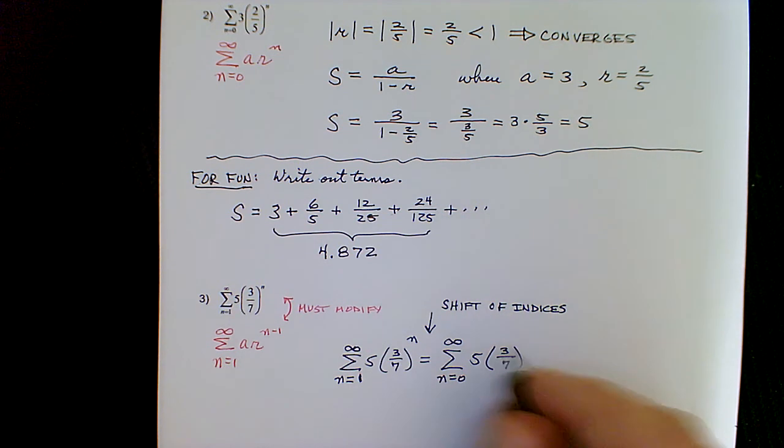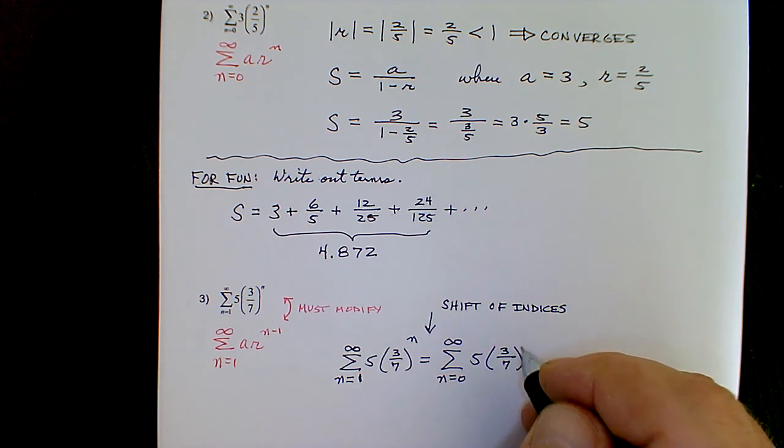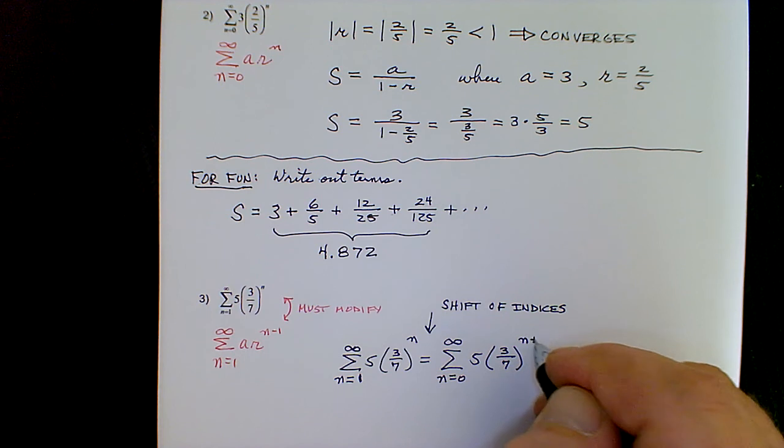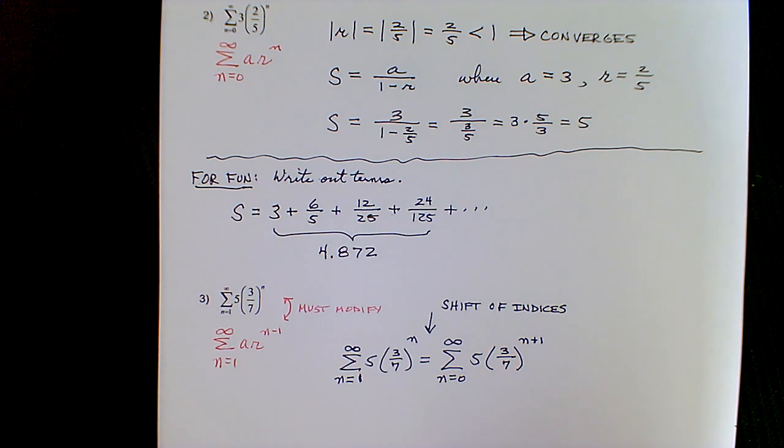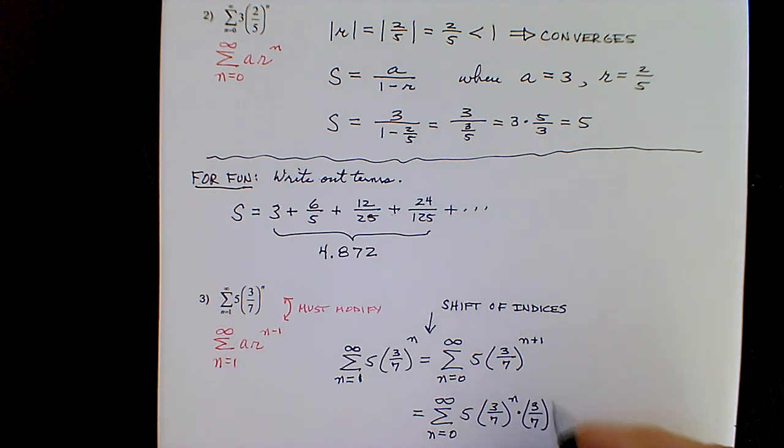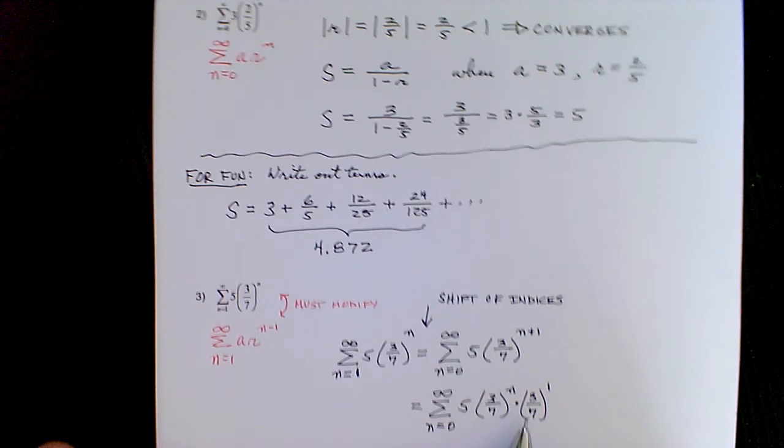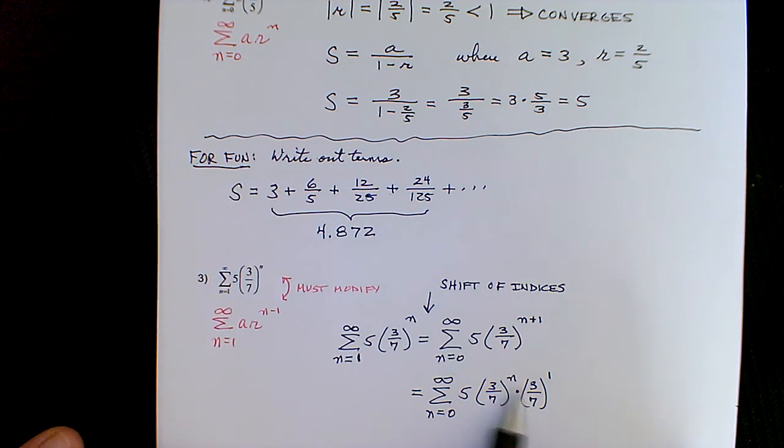Then what we could do is rewrite this as 3/7 to the n times 3/7 to the first. Because that's common bases being multiplied together. If you multiply bases, you add the exponents. So I basically just use the rule for, let's say, x to the a times x to the b, which is x to the a plus b.